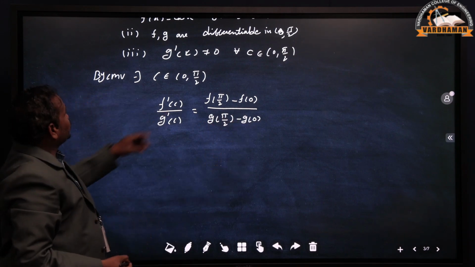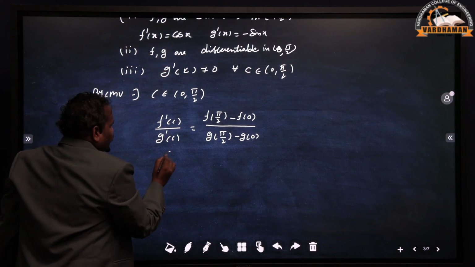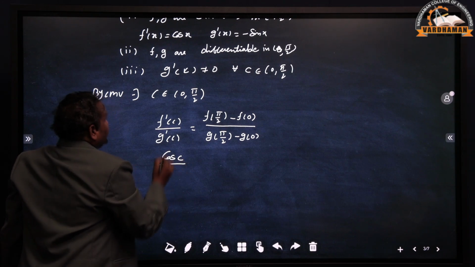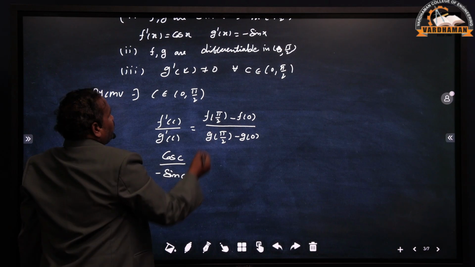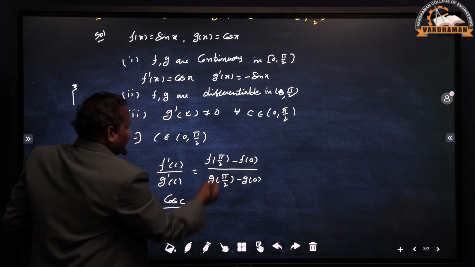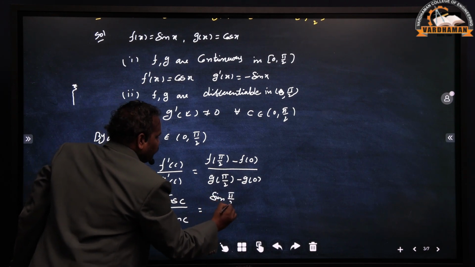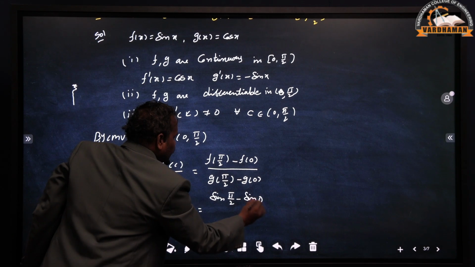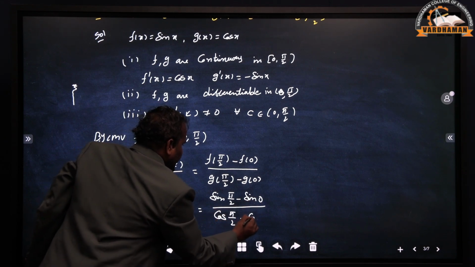Now f'(c). Here f'(x) is cos x, so f'(c) is cos c, and g'(c) is minus sin c. On the right side, f(x) is sin x, so f(pi/2) means sin(pi/2) minus sin 0, divided by cos(pi/2) minus cos 0.